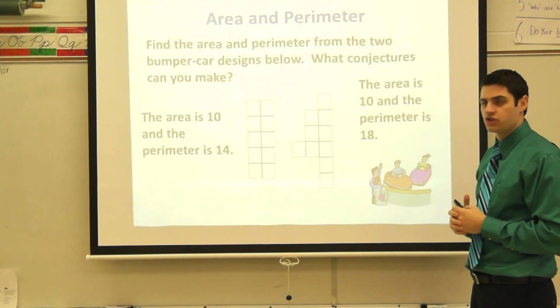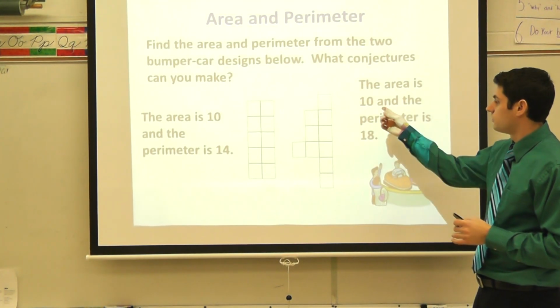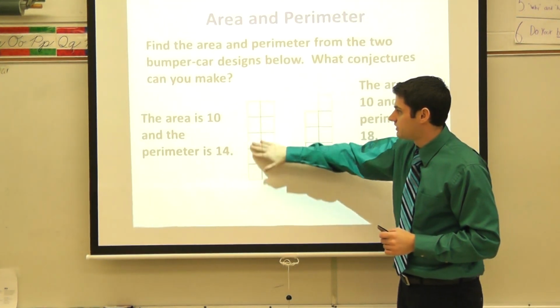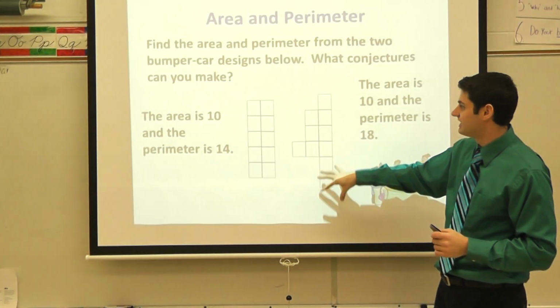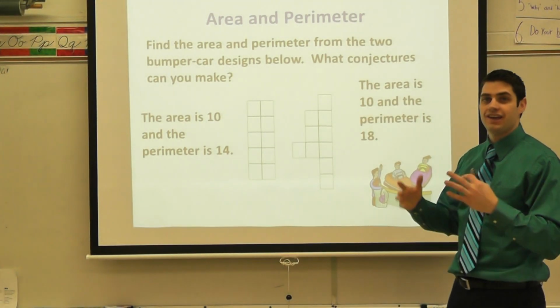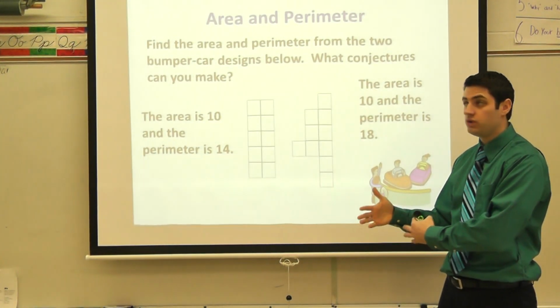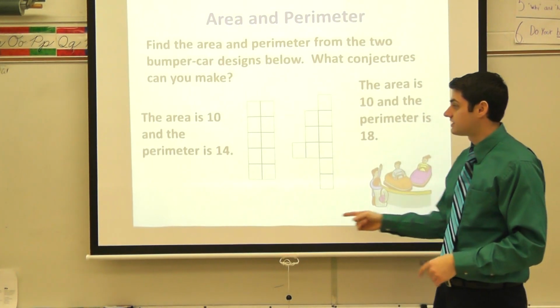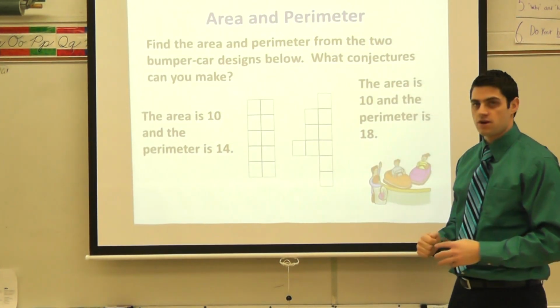Let's take a look at a conjecture here. I noticed that the area was the same. They were both 10. So this design covers the same amount of space as this design, even though they are two different designs. They look totally different, but they have the same area. Now what's different is the perimeter.